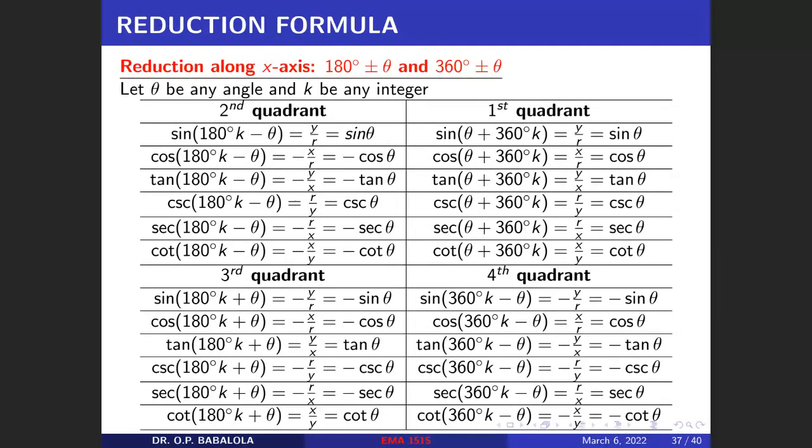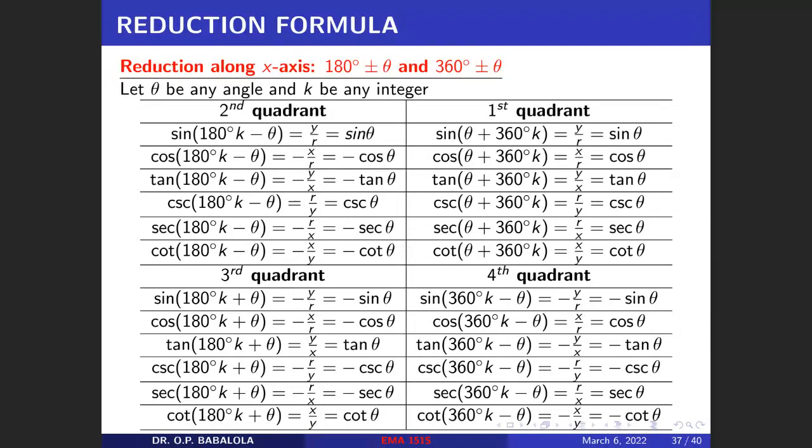I need to explain this because I saw a lot of people maybe did not understand how to reduce in the assignment. So I just need you to understand it with the quadrant. So you have theta plus 360 degrees times k. I'm taking this first quadrant now.